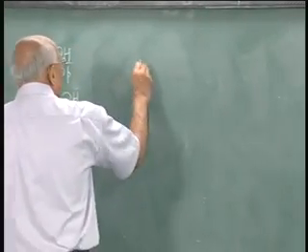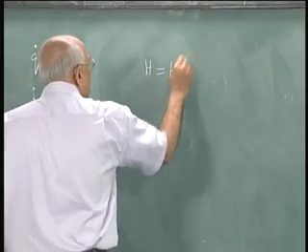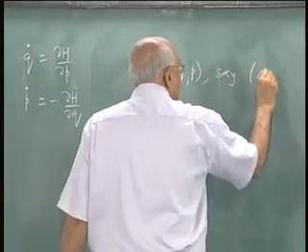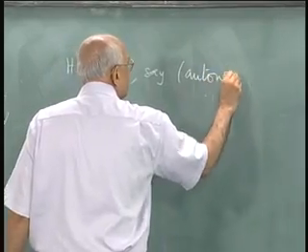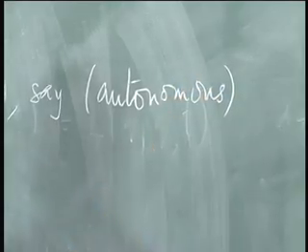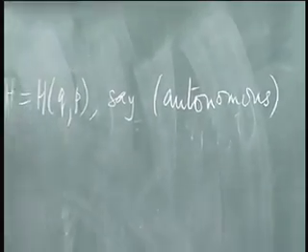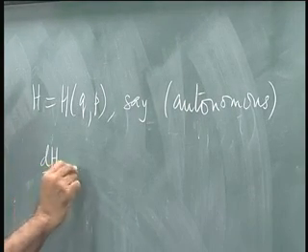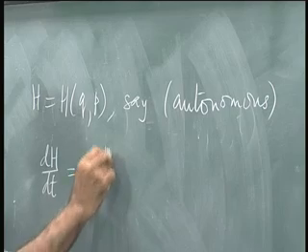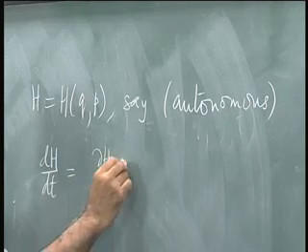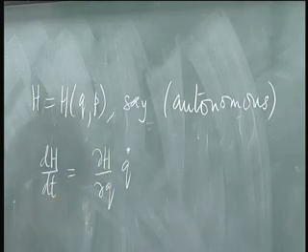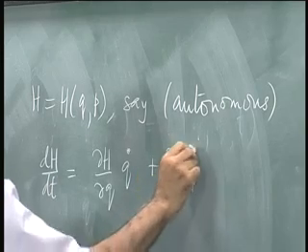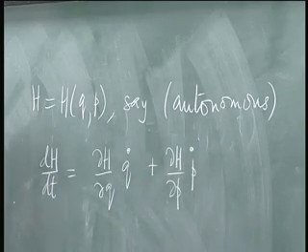Well, if H is equal to H of Q, P, say, so this is autonomous, it is an autonomous system, then what is dH over dt equal to? Delta H over delta Q, Q dot, plus delta H over delta P, P dot, by definition.